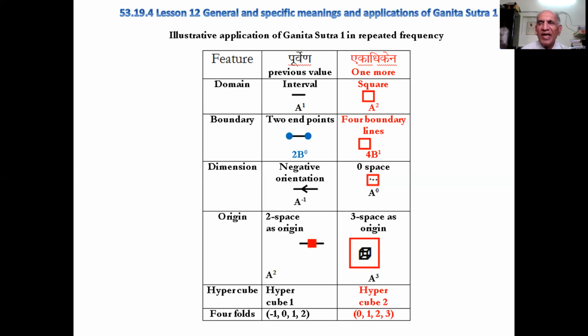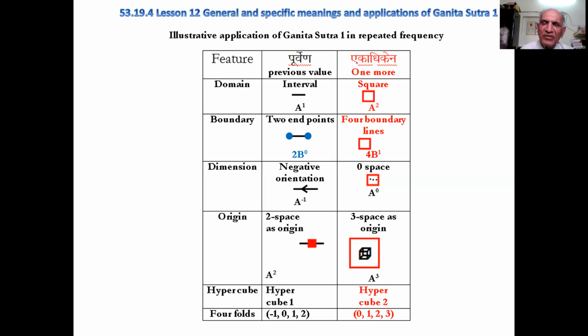So as an integrated step, the common working rule in respect of this pair of entities will take us from hypercube 1 to hypercube 2, from the representative or regular body of one space to a representative regular body of two space.